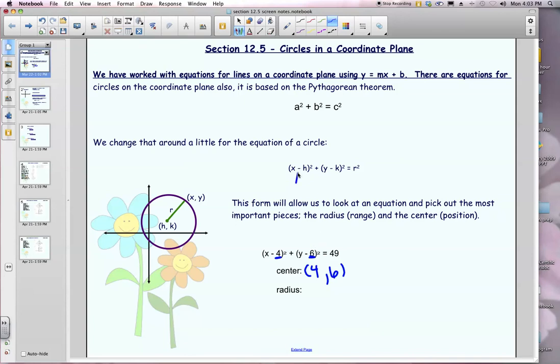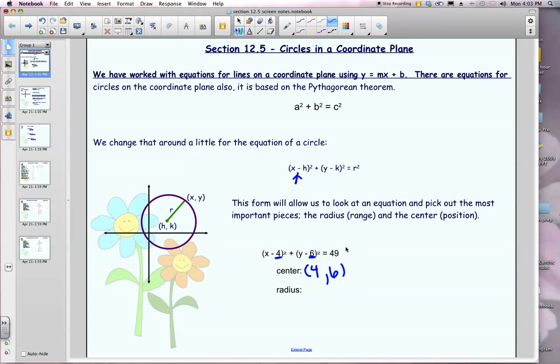That's because the negative is part of the formula. That stays there as part of the formula. It's whatever number's next to the negative sign that becomes your center. So if it was x plus 4 quantity squared, then it would be negative 4 because there's a negative 4 next to the negative sign. It's a little confusing, but you'll get used to it.